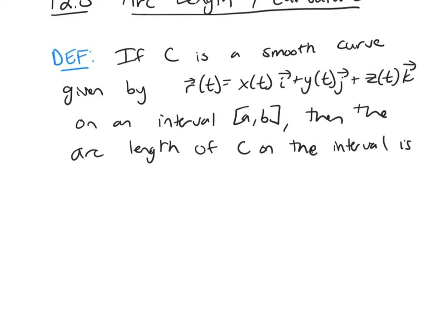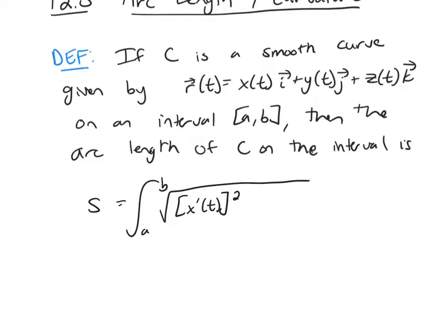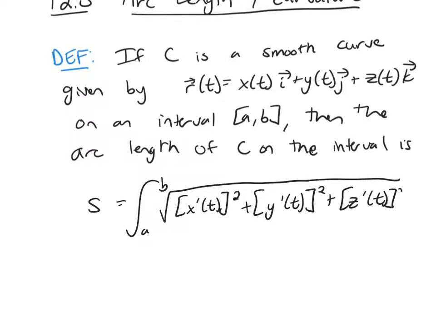S, is what we're going to use for the arc length, S. It's the integral from a to b of the square root of x prime of t squared plus y prime of t squared plus z prime of t squared dt.